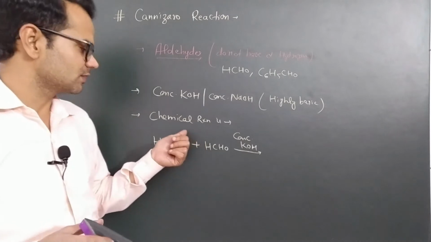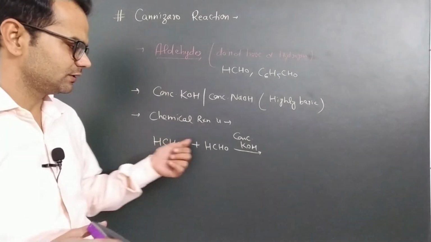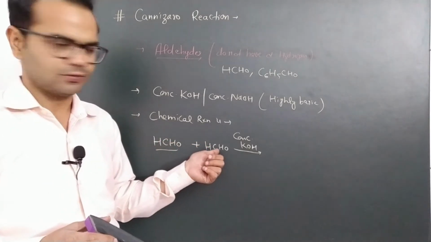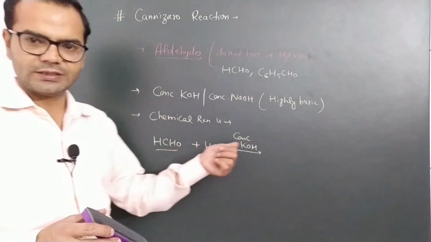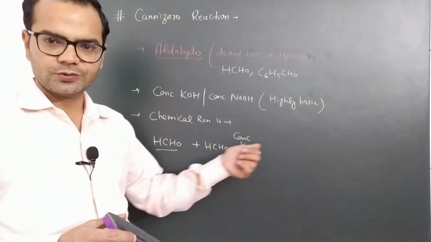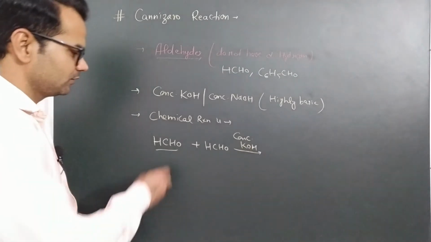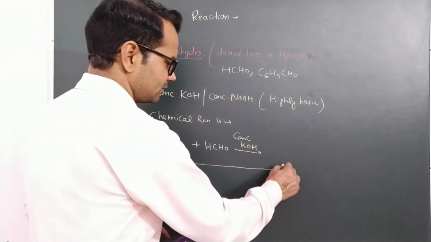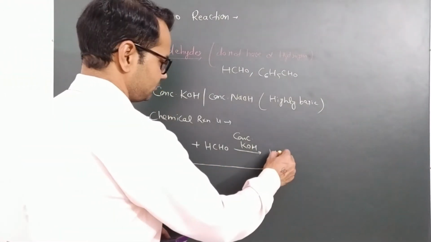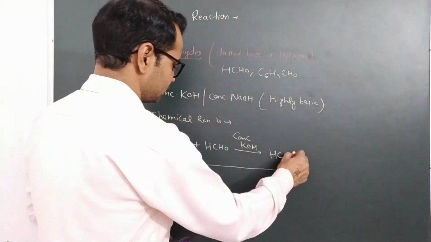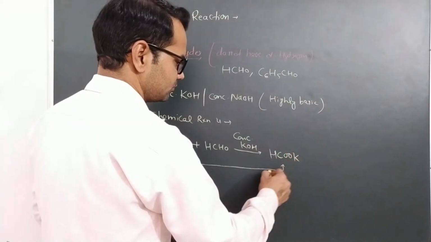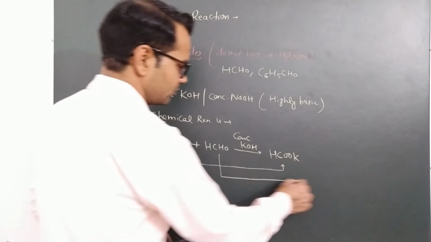Actually this reaction involves auto-redox, meaning oxidation of one molecule and reduction of a second molecule. As we know, aldehydes are oxidized to acid and aldehydes are reduced to alcohol. So one molecule is oxidized and the second molecule is reduced.